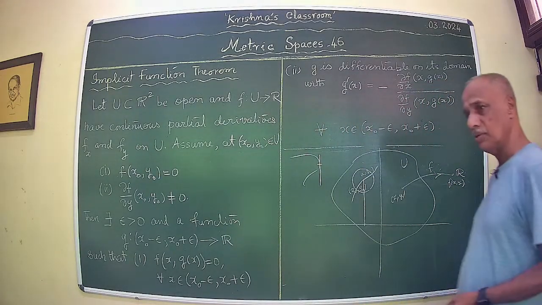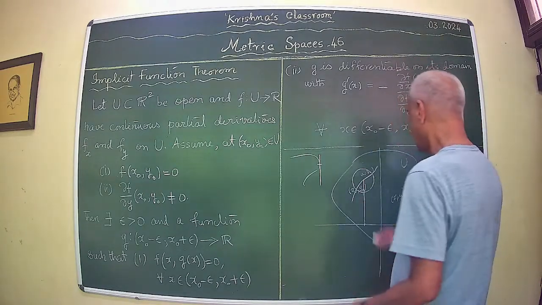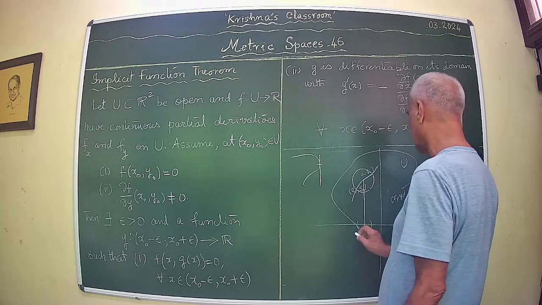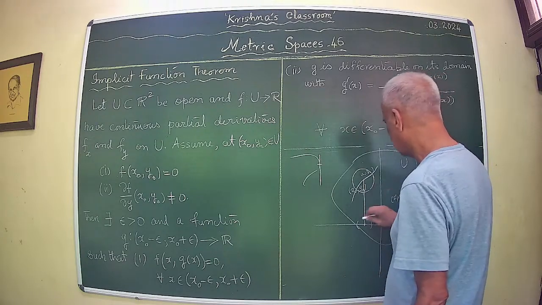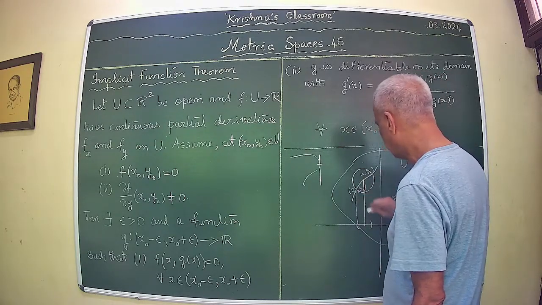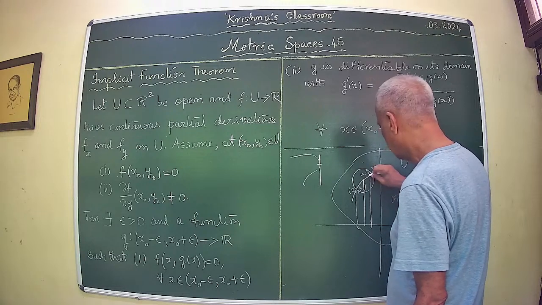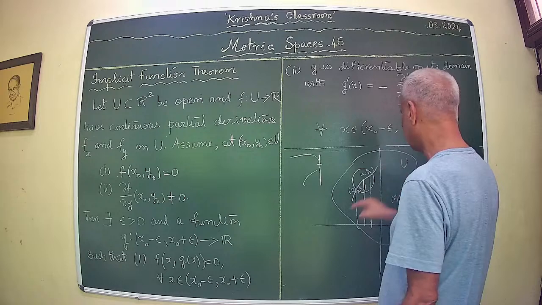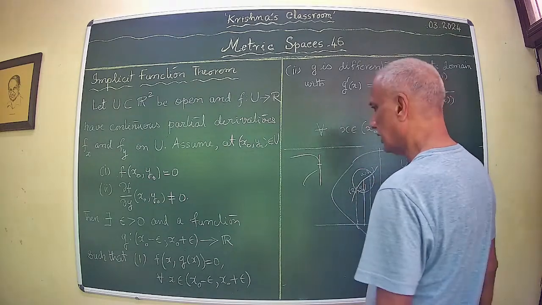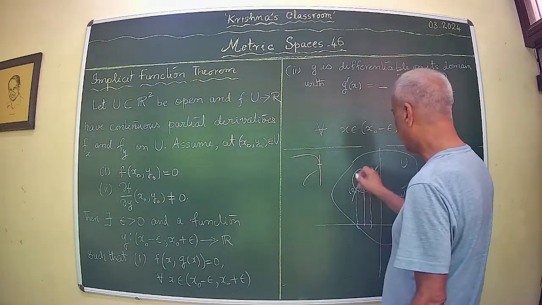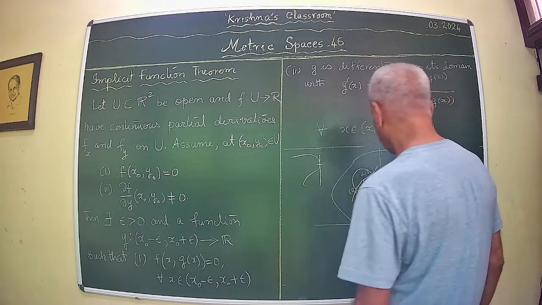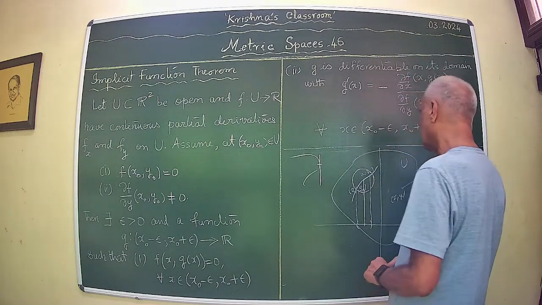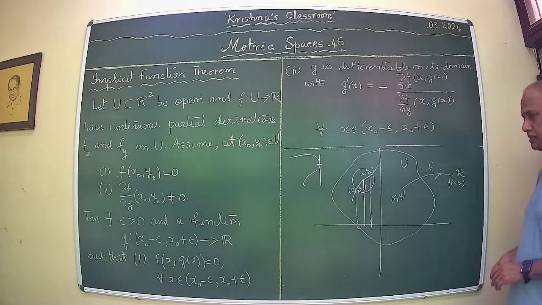And if so, what happens? It says there is some neighborhood, x0 minus epsilon to x0 plus epsilon, in which the intersection of the curve with the neighborhood we have chosen for x0, y0 is represented in the form y equals g of x.